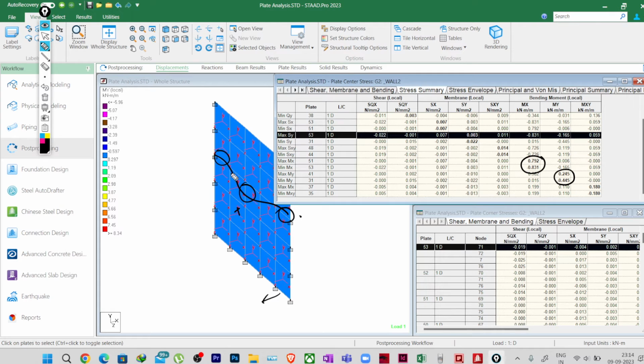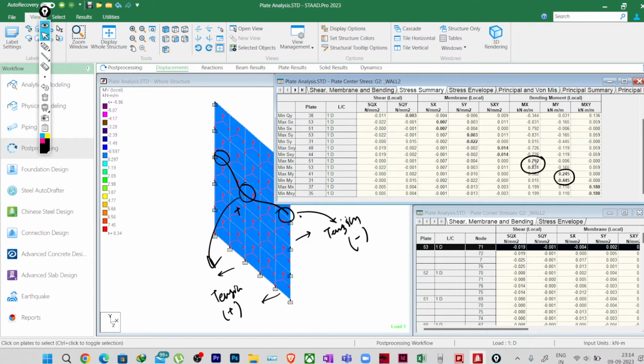Okay, because the bending at the center is happening along the direction of the local Z, and the bending at the edges is happening opposite to the direction of the local Z. Here it is tension. Here also it is tension at the edges. This tension is negative, this tension is positive. Okay, this tension is positive, this tension is negative. So if I click on the positive value of the tension 0.793, sorry, I will select this load.